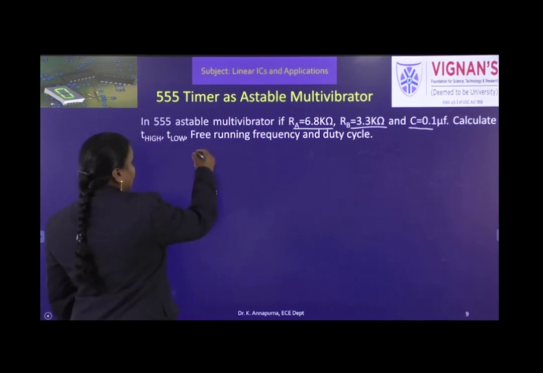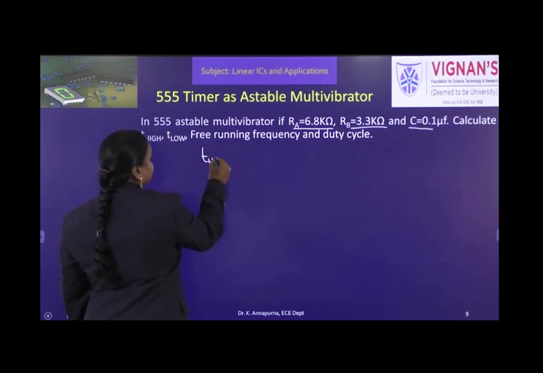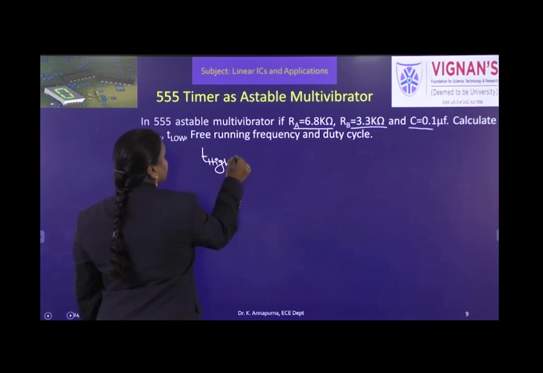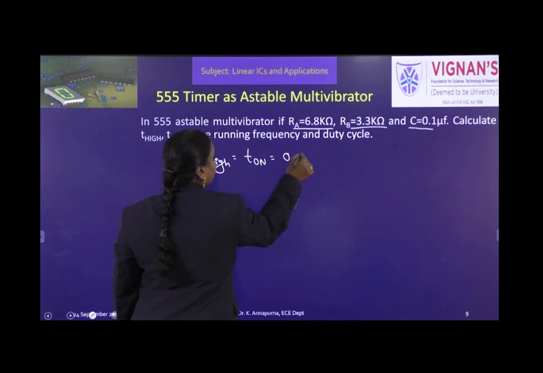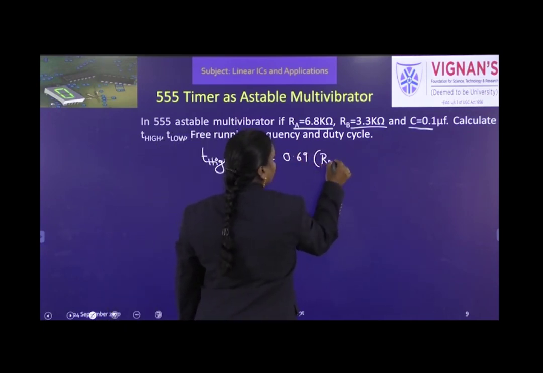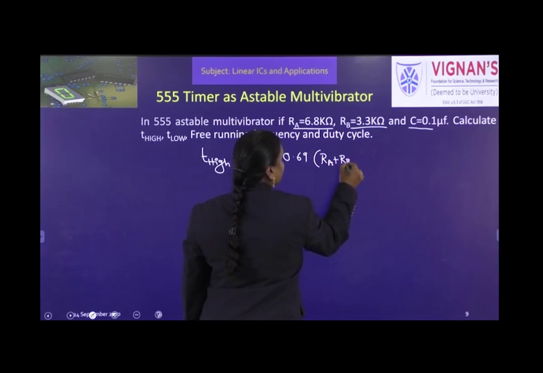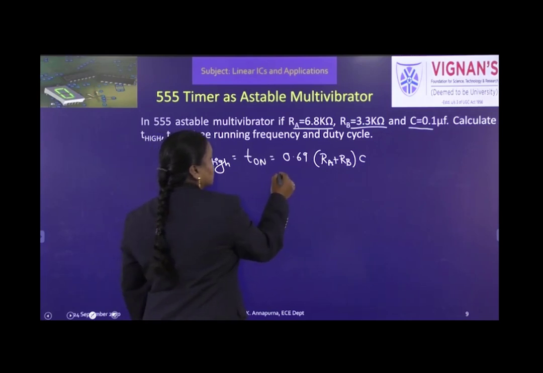So what is the on period formula? T high is nothing but T on. That is equal to 0.69 into RA plus RB into C. Let us substitute the values.